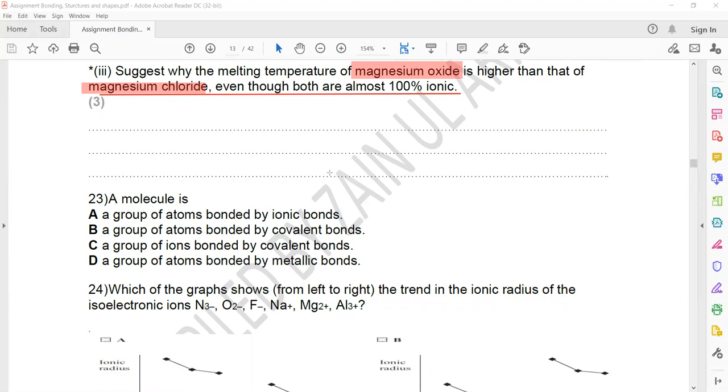So when we compare, you can see in magnesium oxide, the oxygen charge is -2, compared to the chlorine charge, which is -1.